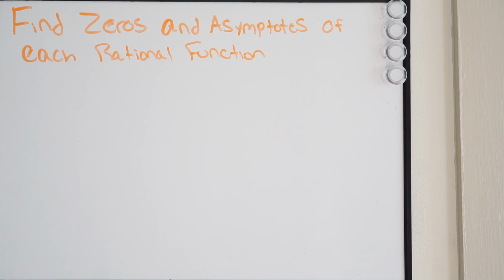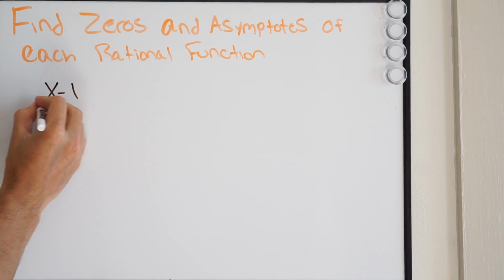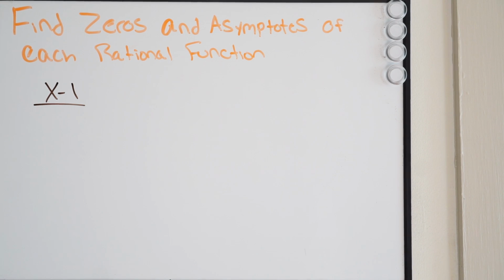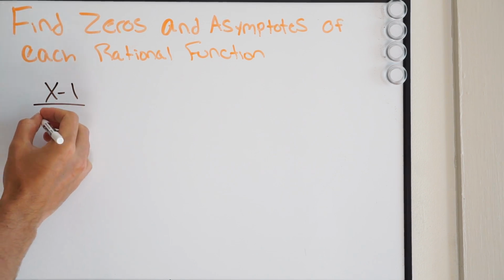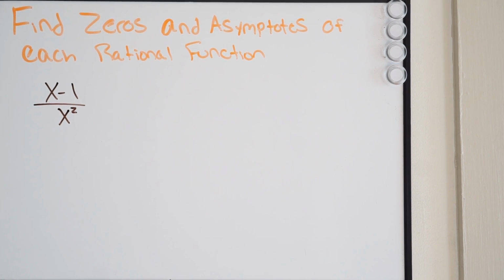We have x minus 1 all over x squared. Remember, first step, can you factor the numerator or denominator? It doesn't look like we can here. So let's start determining some of our key points.